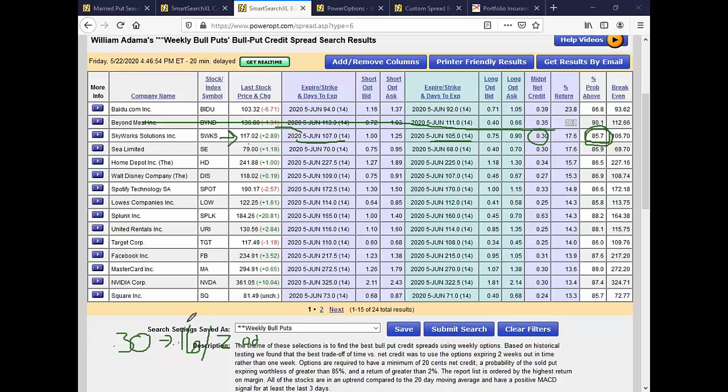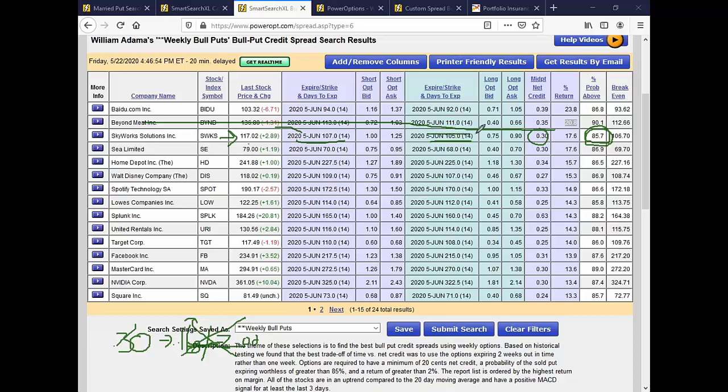So that means I took in less, and if the market does go down next week, I'm wiping out more trades with that weekly series than I was with the 2-week out because I was able to get a higher net credit. It's not double. The 2-week out is not double the 1 week out net credit. I'm not saying that. I'm saying that getting the higher net credit cushions the blow if and when there is a decline.